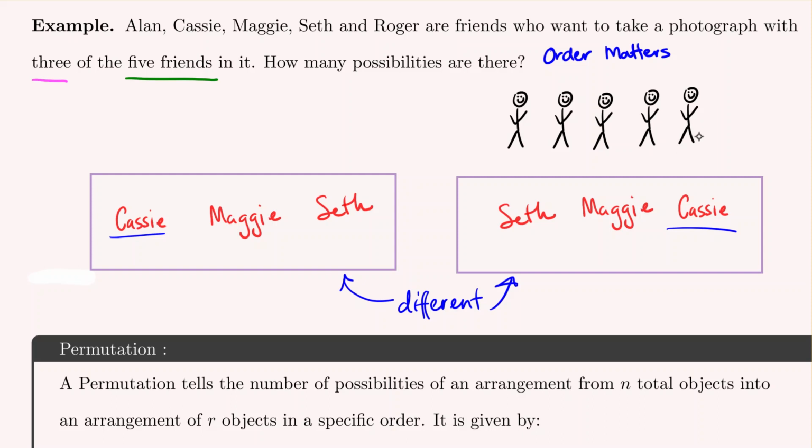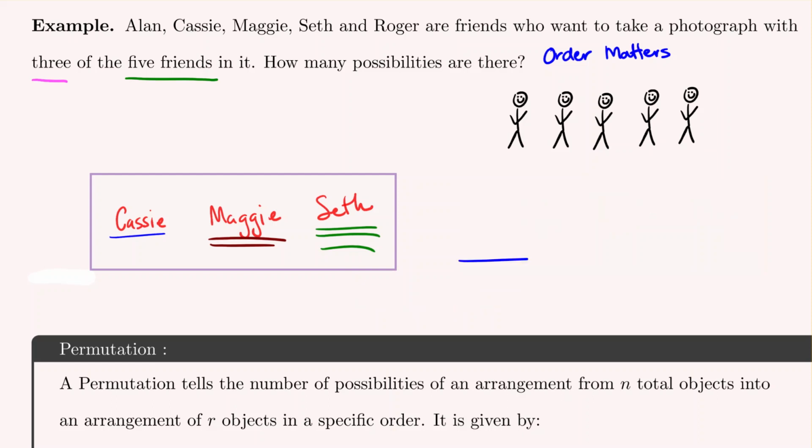So what happens is I have the 5 friends here, and each photograph is basically determined by who stands in the first position, who stands in the middle position, and then who stands in the third or the furthest right position. So I can think of this problem as overall a process with 3 separate pieces.